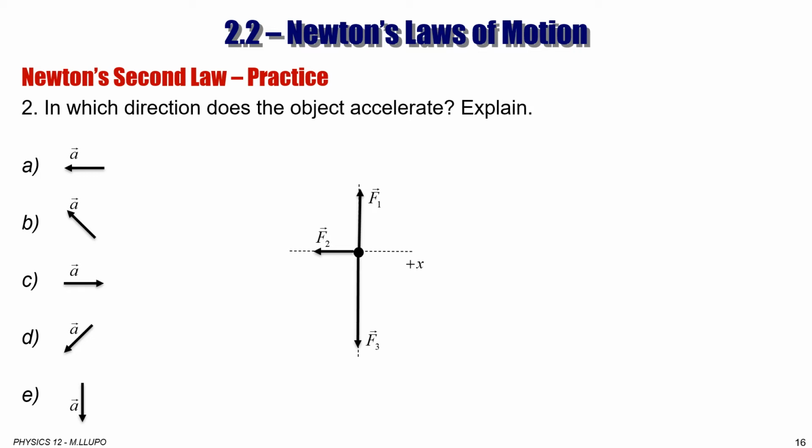So the only correct answer is D, because the resultant of F1 and F3 would produce a vector that is downward, and if we add vector F2 and the sum of F1 and F3, we get something in that direction of A.